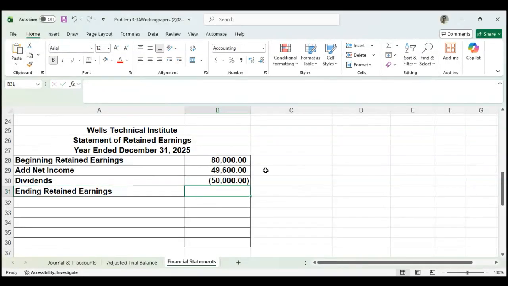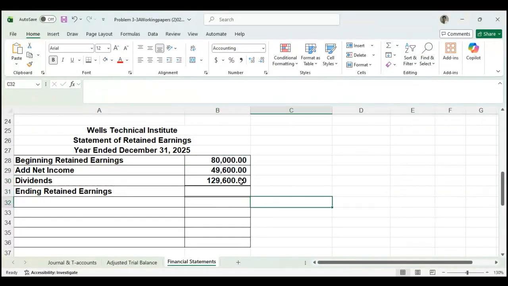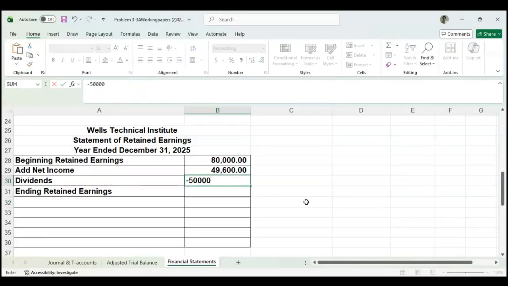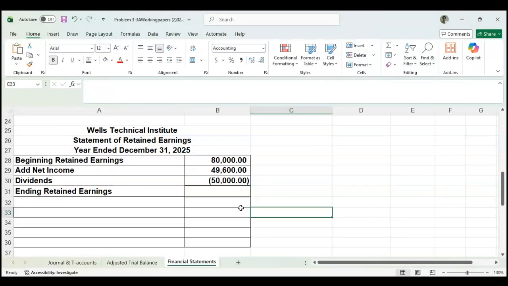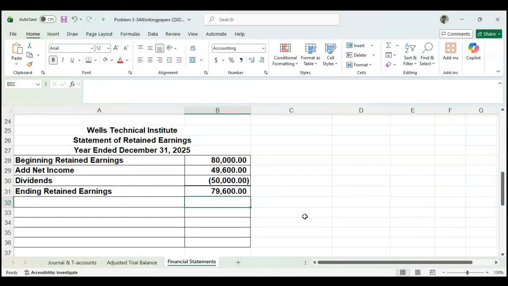Since we used the negative here, we can use the auto sum. So we have 79,600 in ending retained earnings.